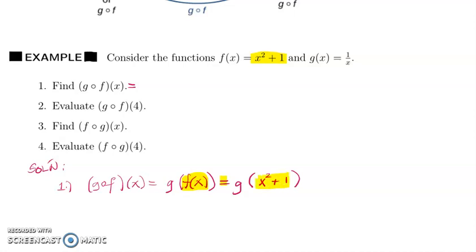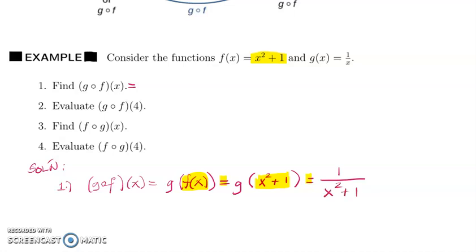Now to evaluate g of this function, we have to replace all x in g of x. So this will become 1 whole over x squared plus 1.